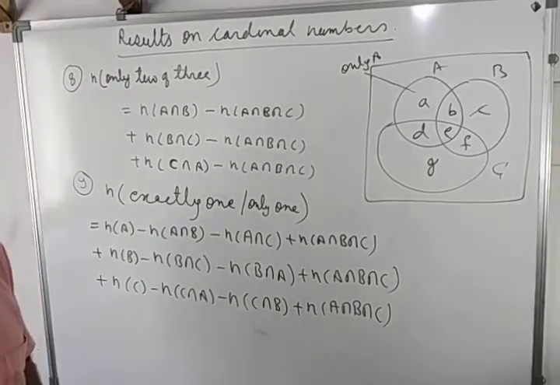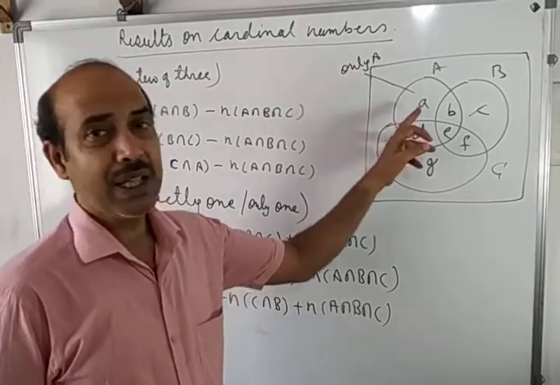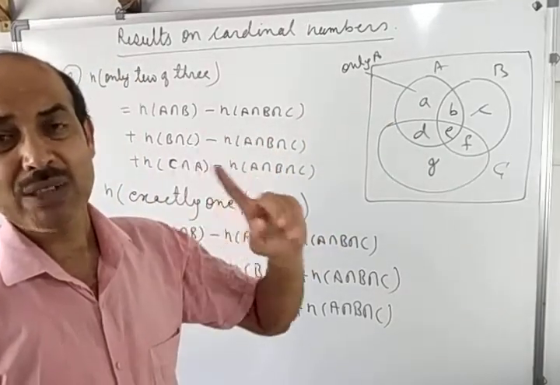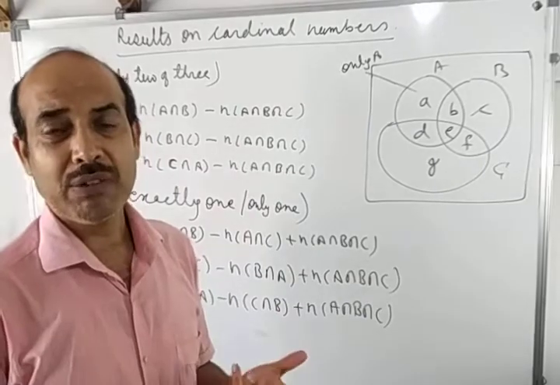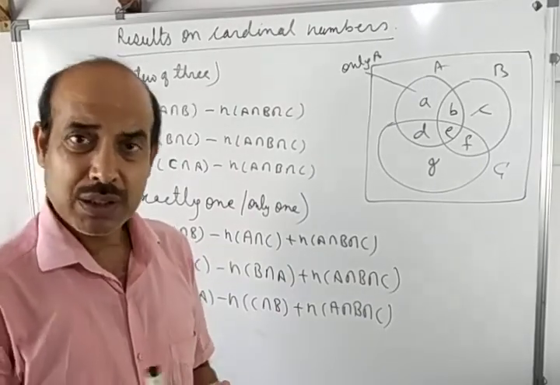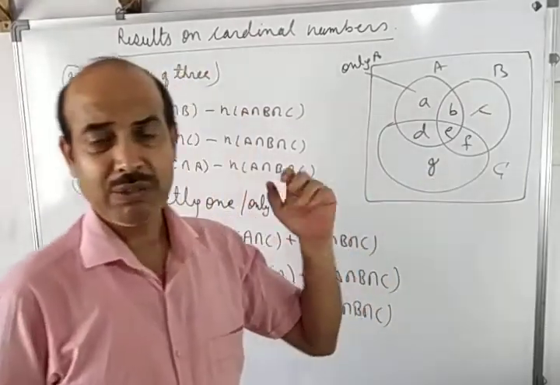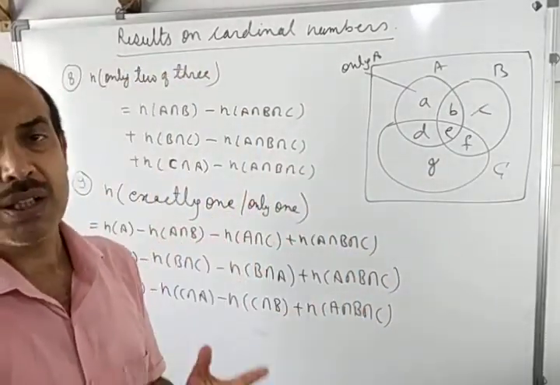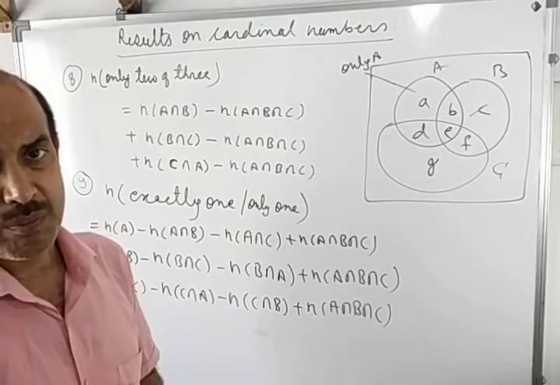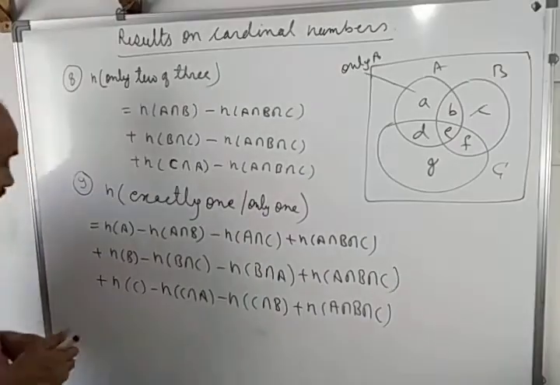Question may be like this: how many players are playing exactly one game or only one game? Only one, may be cricket or football or volleyball, whatever it is. 3 games or 3 different sets may be there. That was the only one.